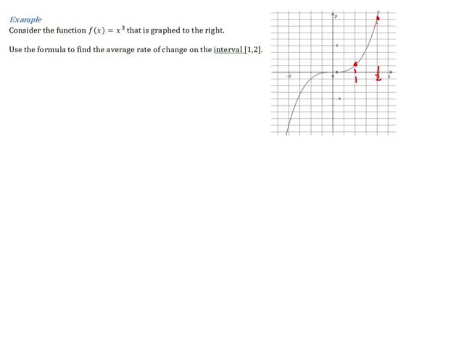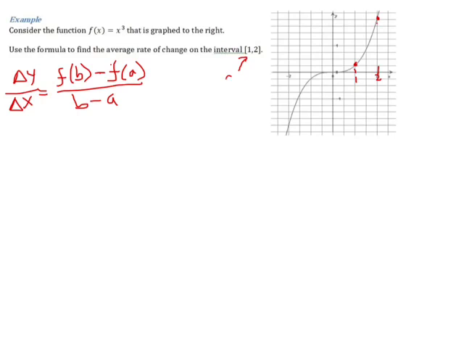All right, let's use our definition. Delta y over delta x is f of b minus f of a all over b minus a. Once again, our a value is the first value and our b value is the second value in the interval. So we have f of 2 minus f of 1 all over 2 minus 1.